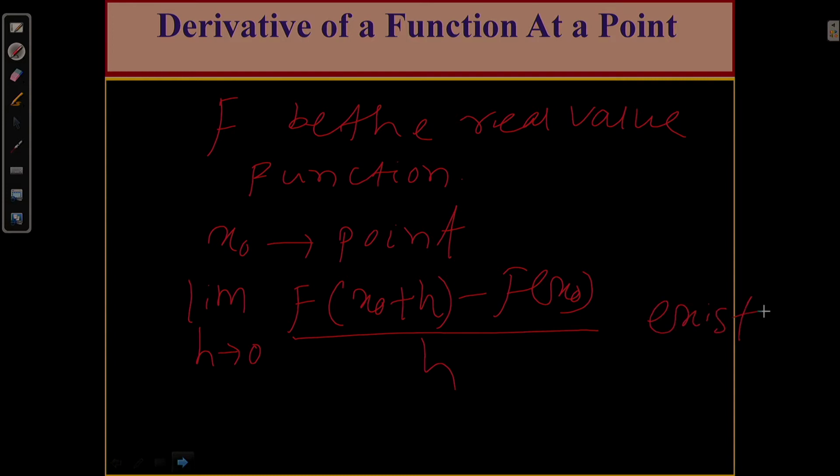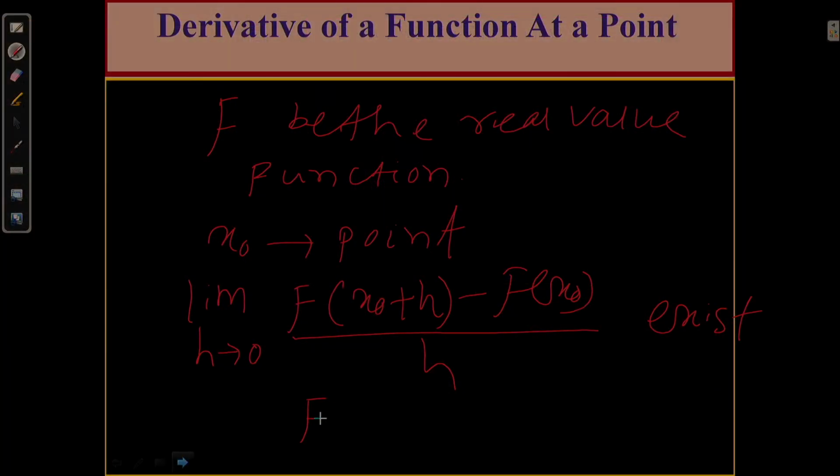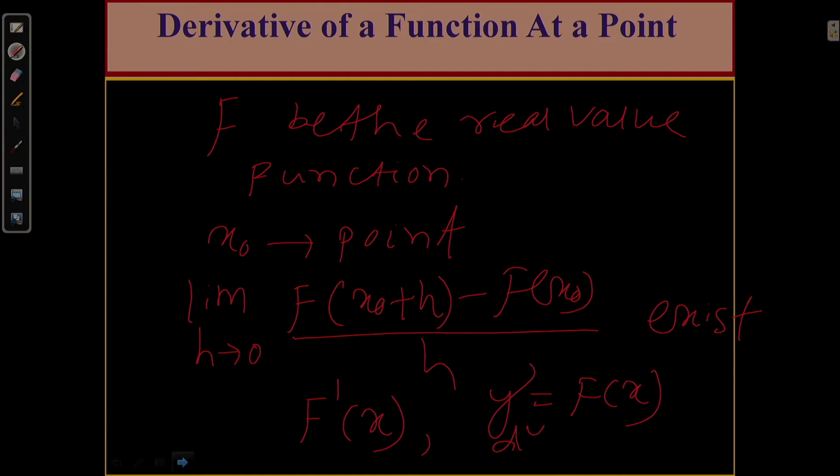Then we can say the derivative of the function f of x is written f dash x. And if y is the function f of x, I can write the derivative of y with respect to x as dy by dx.